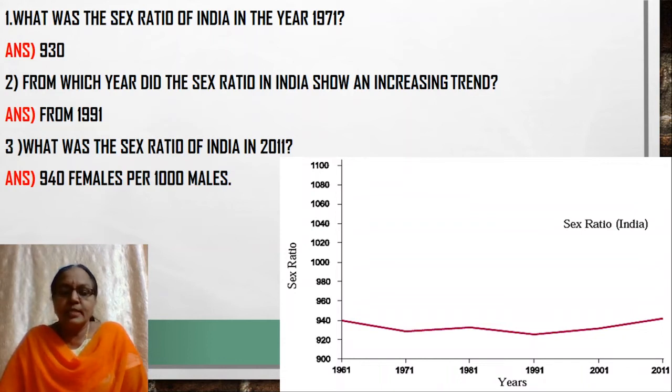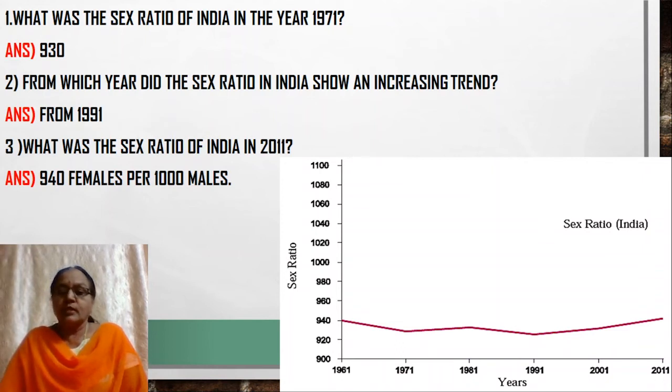The numbers that you see, 900, 920, 940, 960, are the number of females. And all of you know what sex ratio is. Sex ratio is the number of females per 1,000 males.